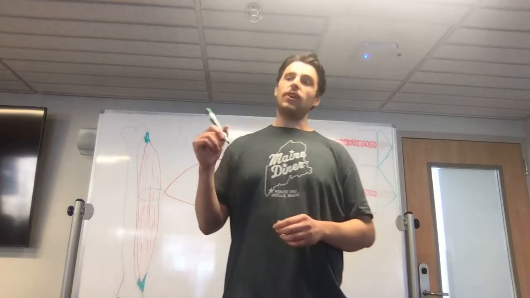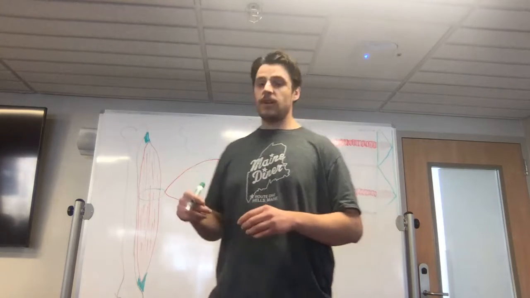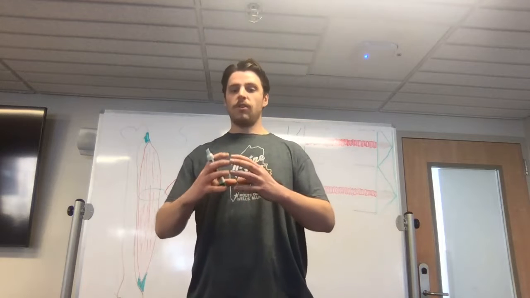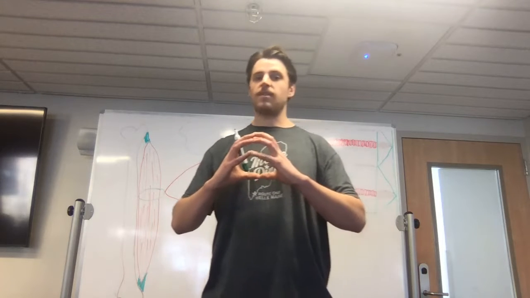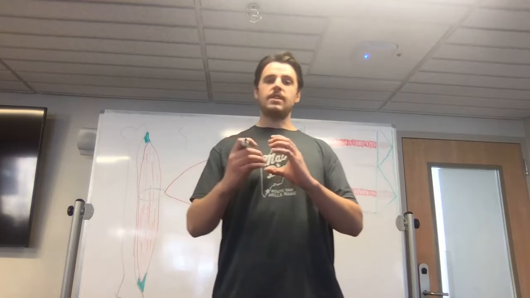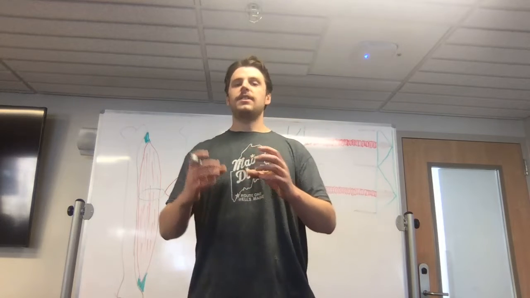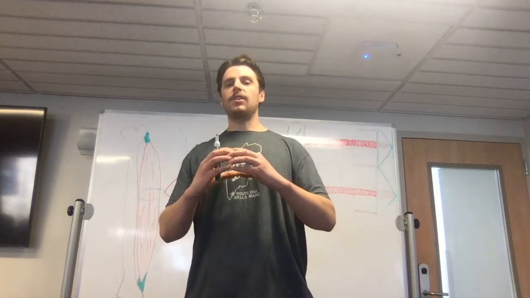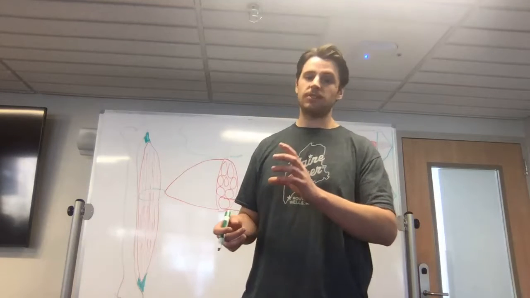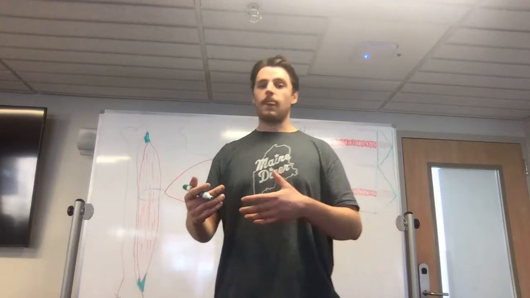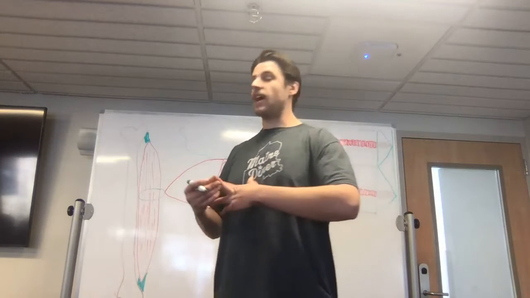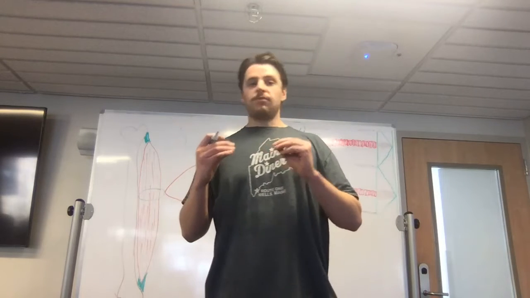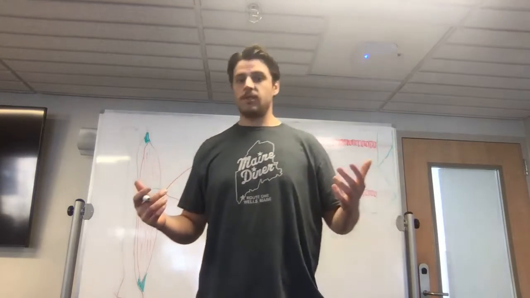A function of the epimysium is, one, to create an envelope for all of the other smaller structures within the muscle to be held in place and not be moving all over the place. So it creates that nice, clear envelope for those distinct muscle groups to function. A second property of the epimysium is that it helps reduce the amount of friction between the muscles.